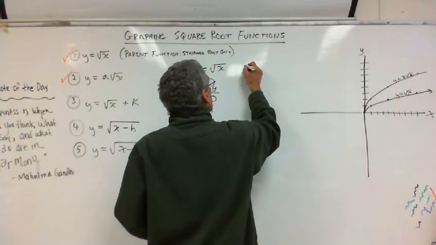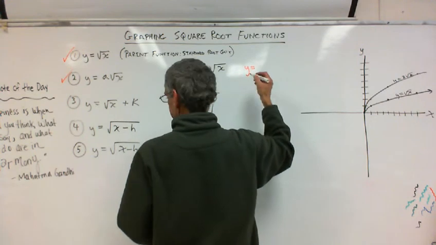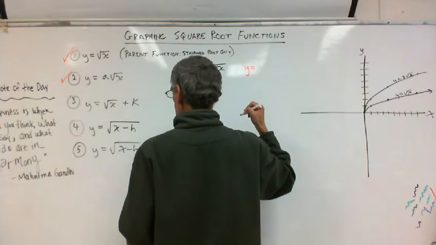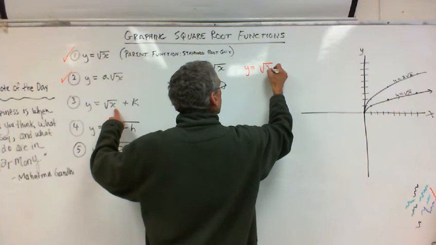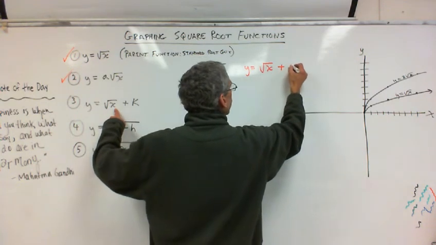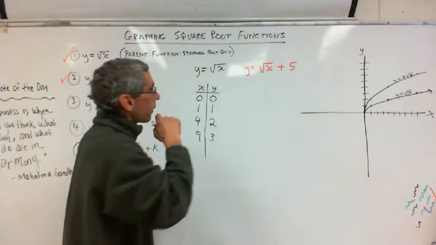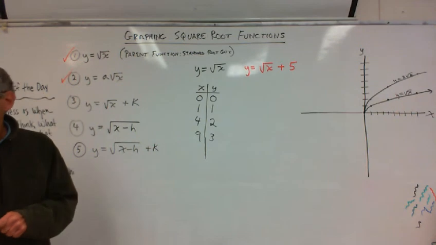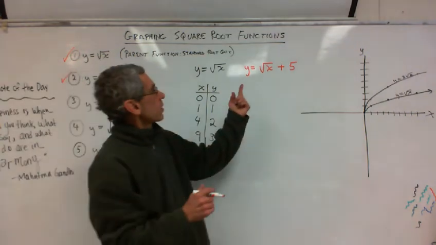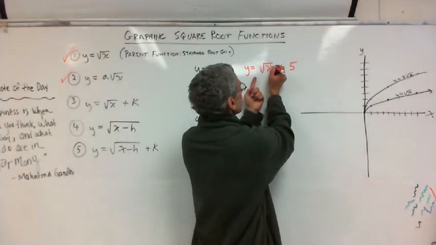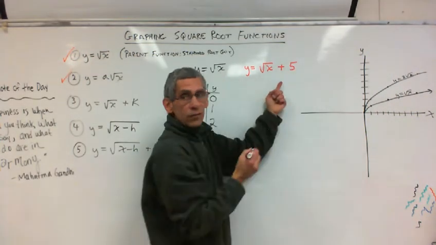Y is equal to the square root of x plus 5. Shouldn't the square root of x be in parentheses, so it's not like x plus 5 under the square root? No, because there's no danger of that, because the line doesn't cover the 5, right?